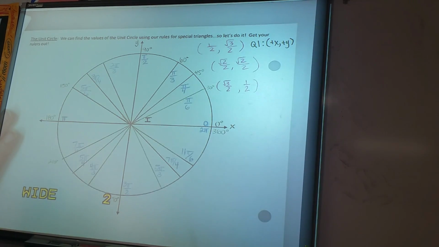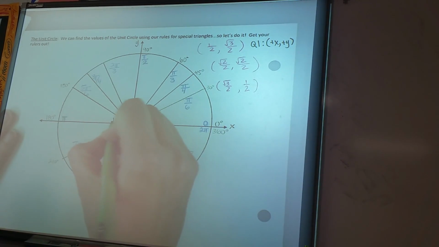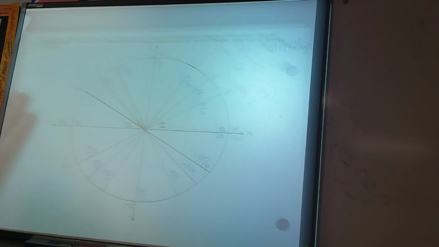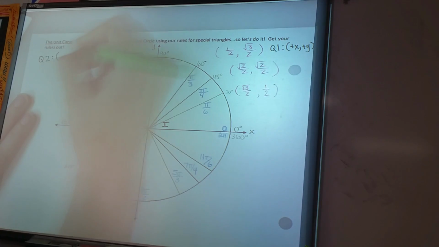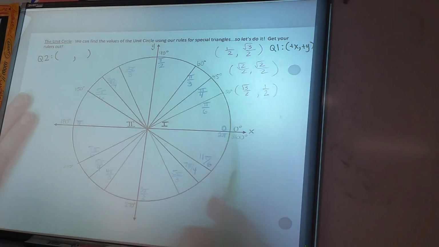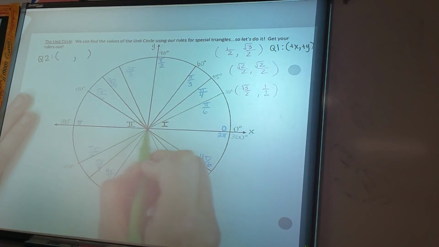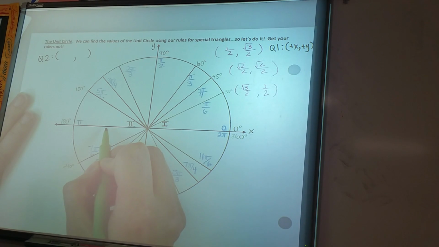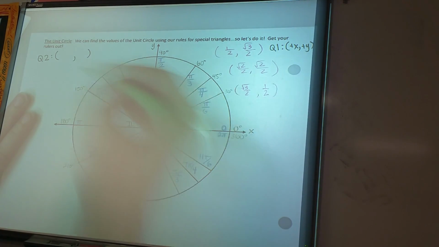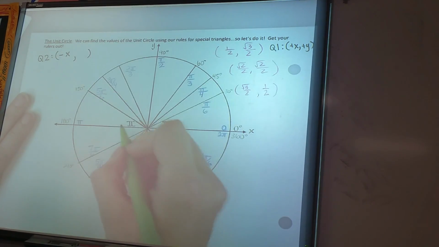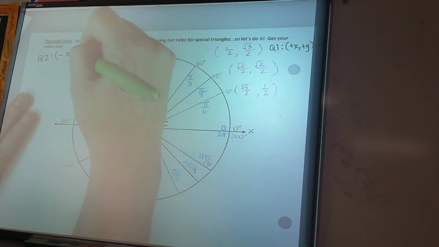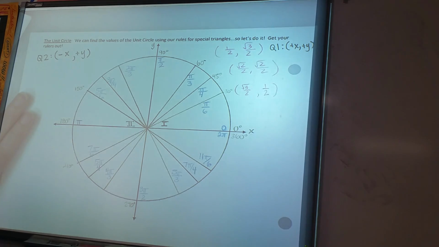Okay, and then quadrant 2 is going to be right here. Now for quadrant 2, let's think about what our x value would be and what our y value would be. So if I was plotting a point on the left side of x, is that positive or negative? Negative, so this is negative x. And then if I'm going up, the y would be positive.